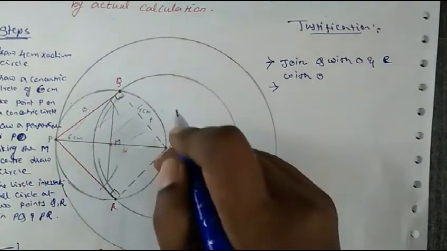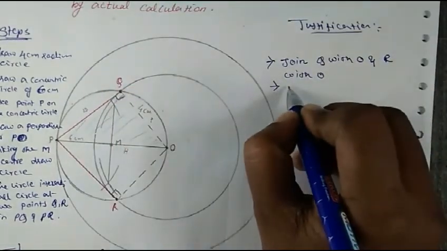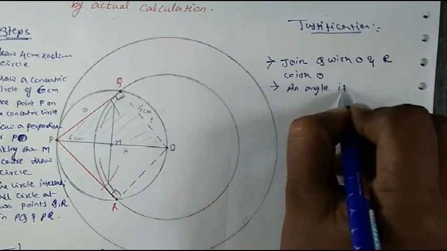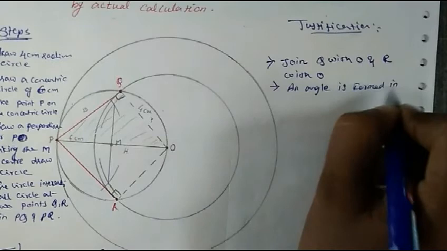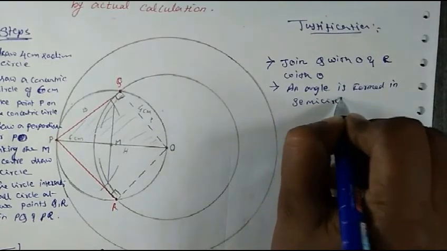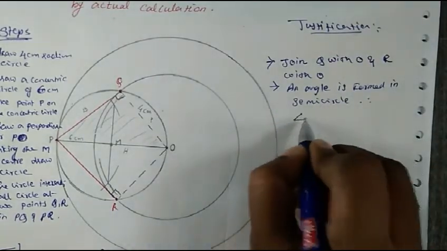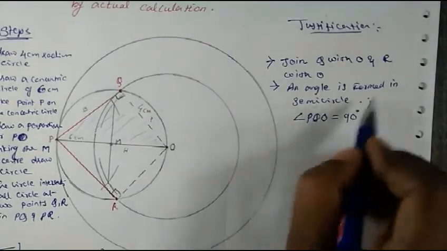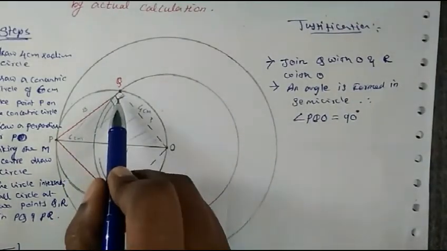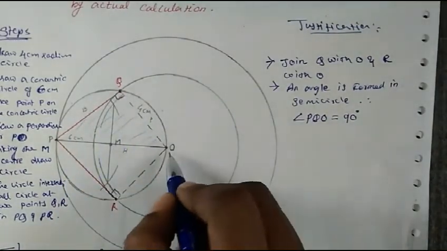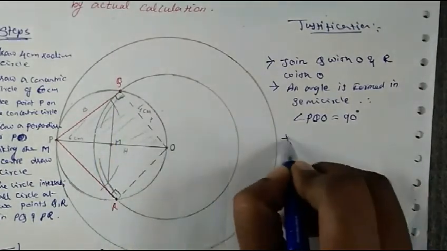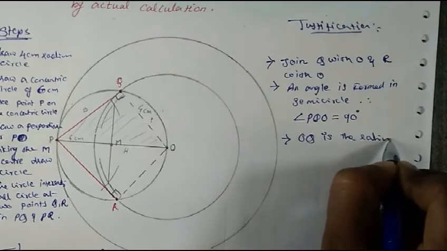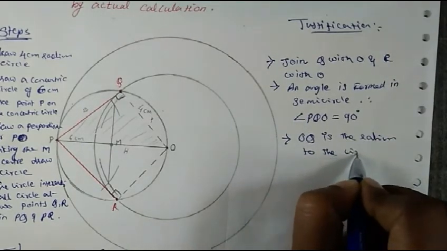Now what happens? An angle is formed in a semicircle. Therefore, angle PQO is 90 degrees, because an angle formed on a semicircle is 90 degrees. Then you can say OQ is the radius of the circle.